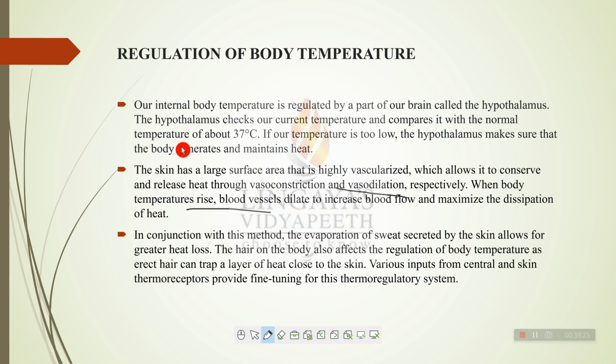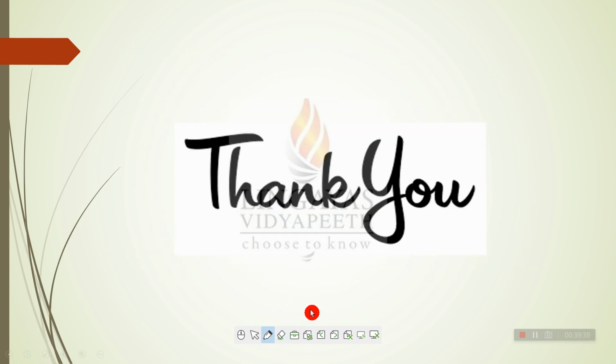Due to this kind of process, the skin plays a role in the regulation of body temperature. So these were the functions that are performed by the integumentary system.